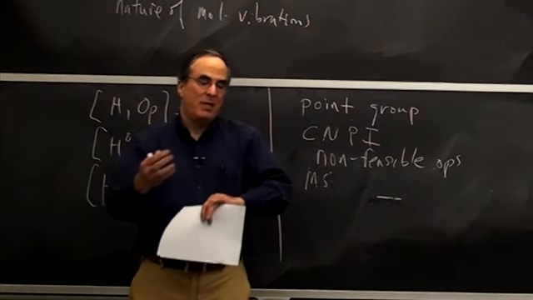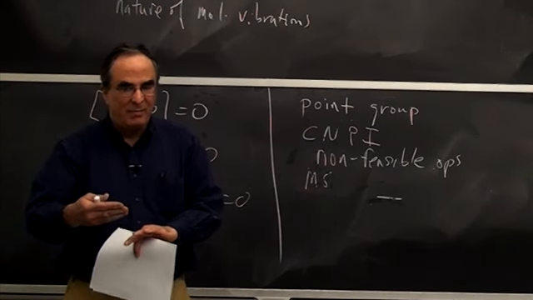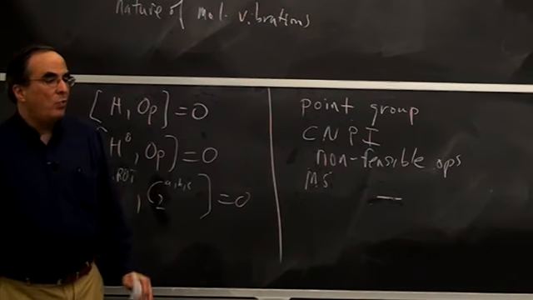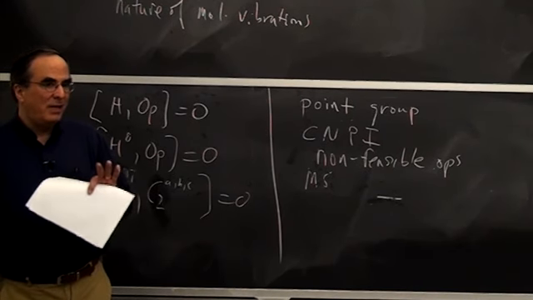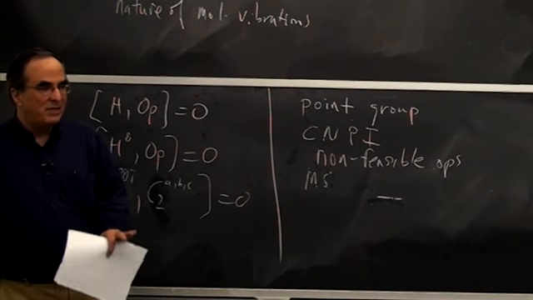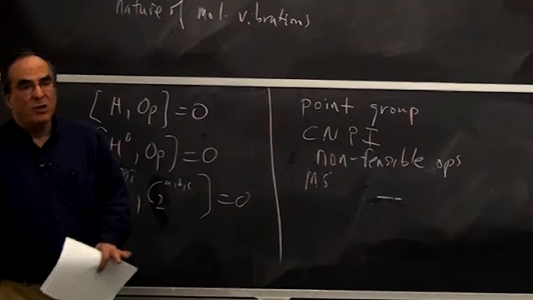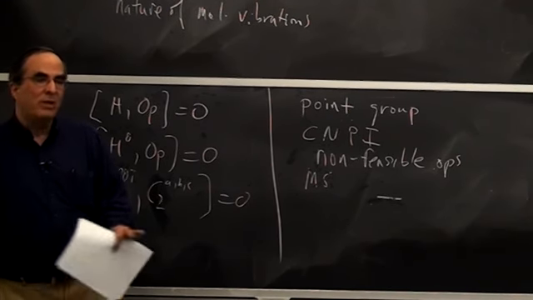But when you're going, say, between a C2H and a C2V, two groups that have the same dimensionality, you really have to be careful. And it's there that keeping track of the permutations and inversions provides you with guidance. And often you have to go to a higher dimensional group in order to see the connection between two different point groups.